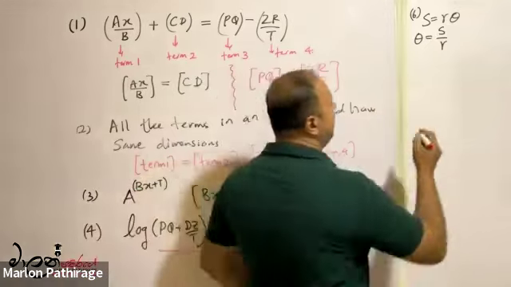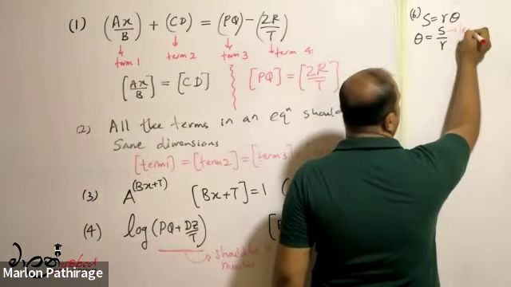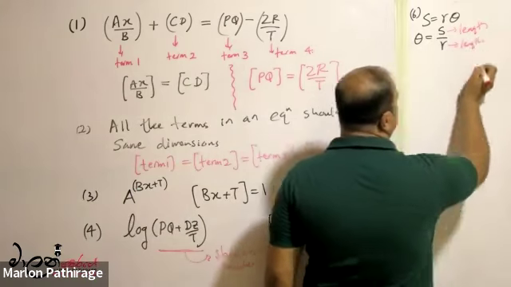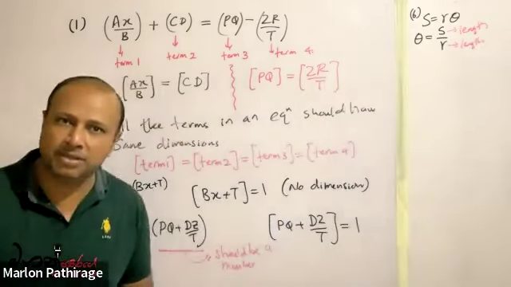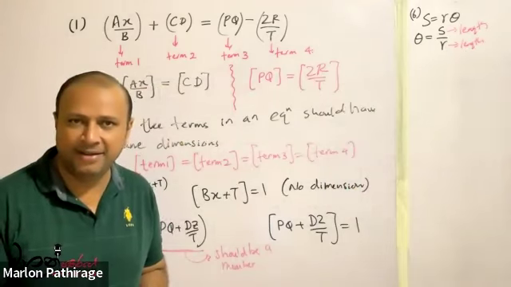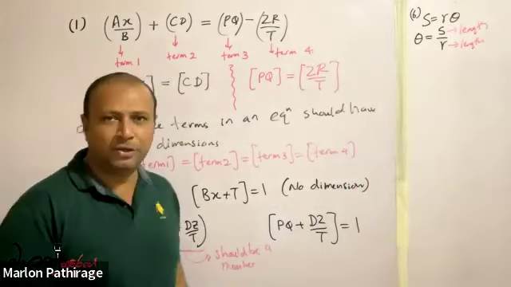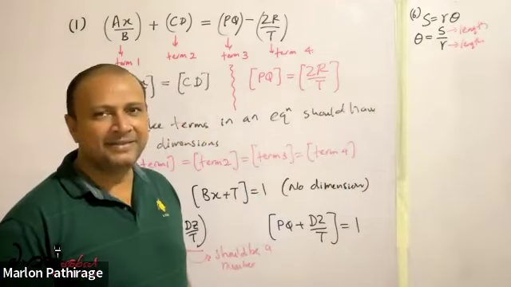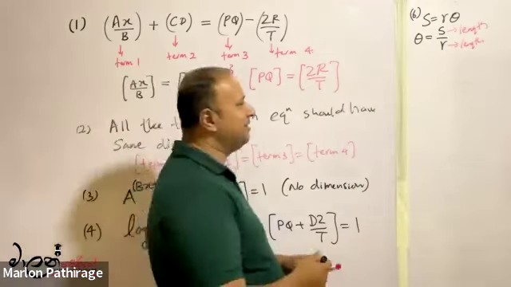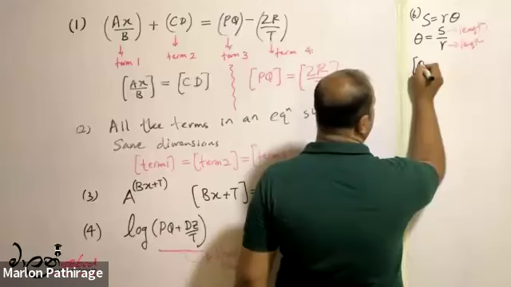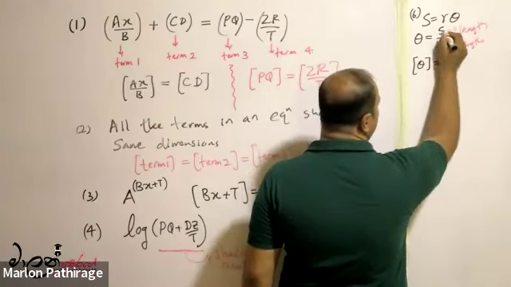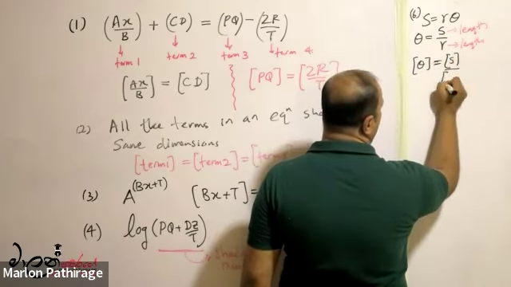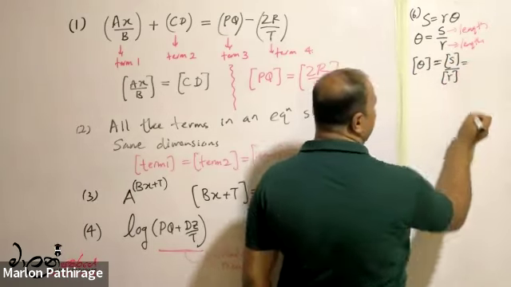Therefore, the dimension of angle is equal to L over L. Finally, the dimension of angle is equal to the dimension of s over the dimension of r.